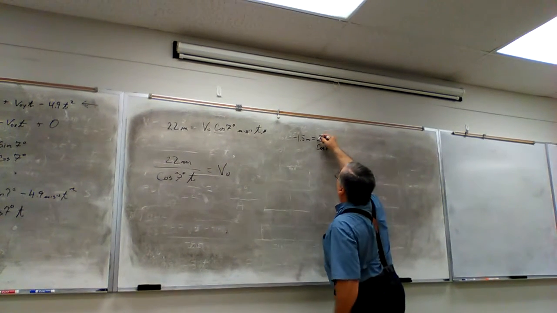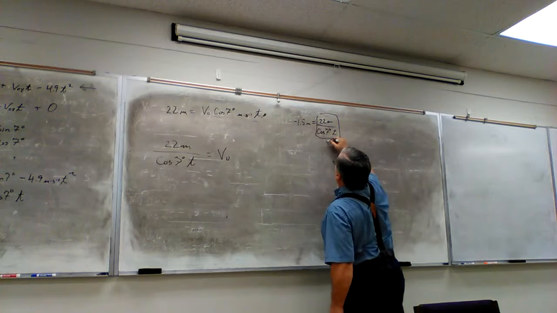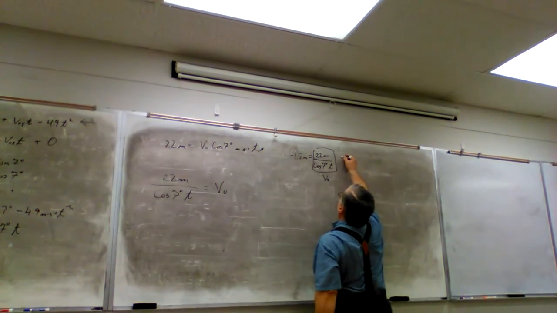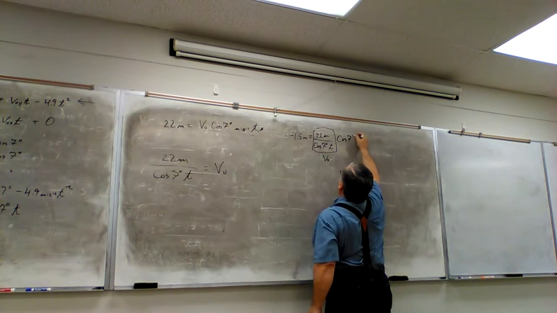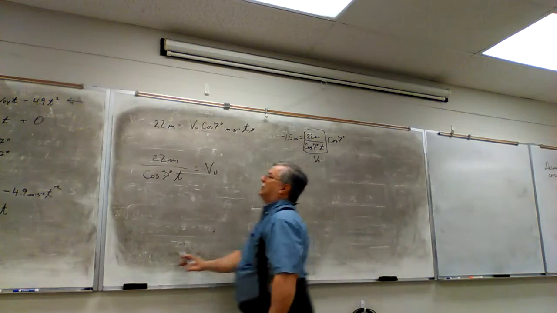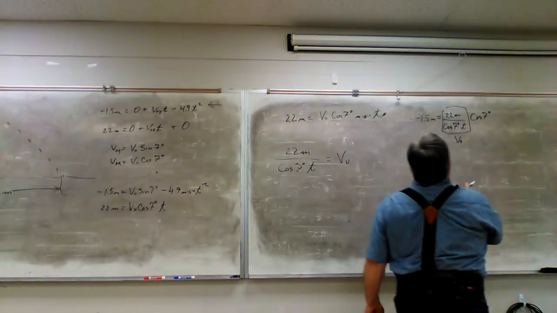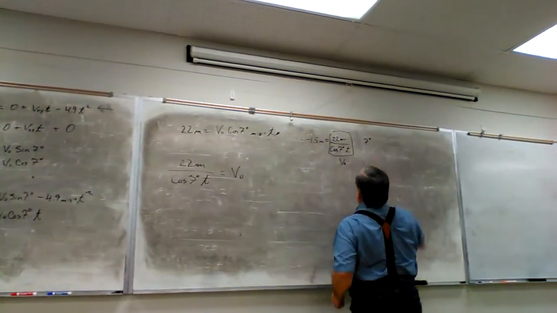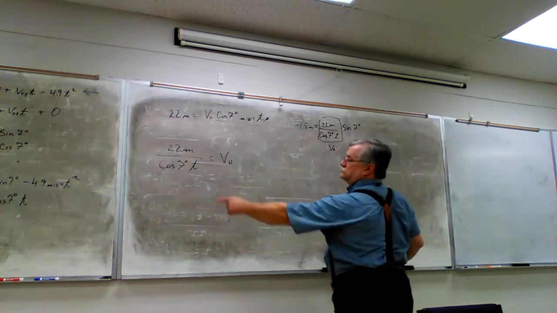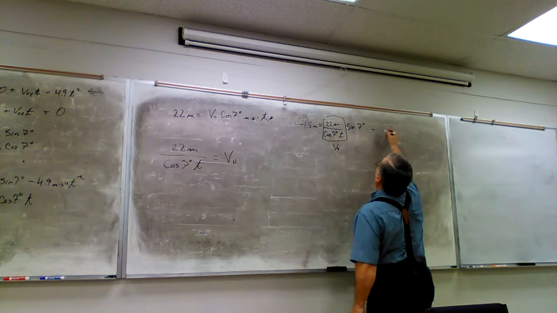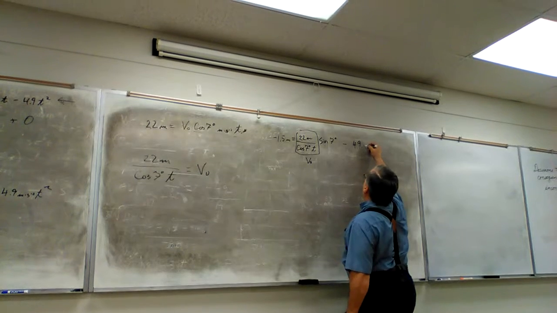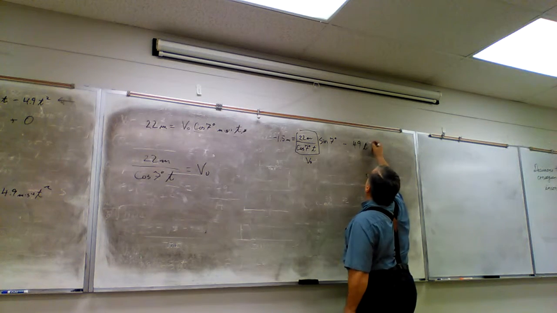And this, you see, is v sub naught times cosine of 7 degrees. Oh, sorry. Wrong equation. Times sine of 7 degrees. Minus 4.9 meters per second squared times t squared.